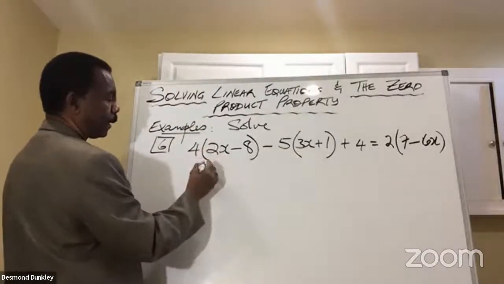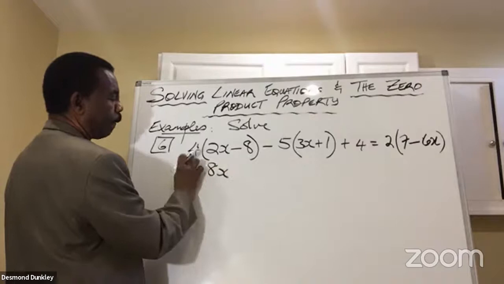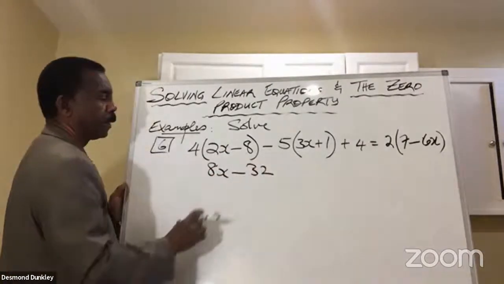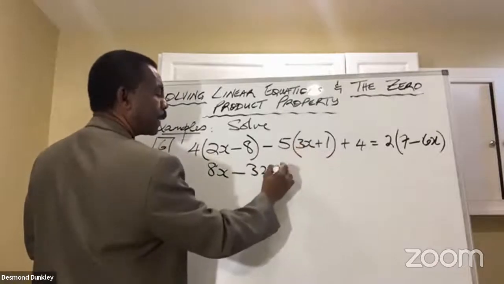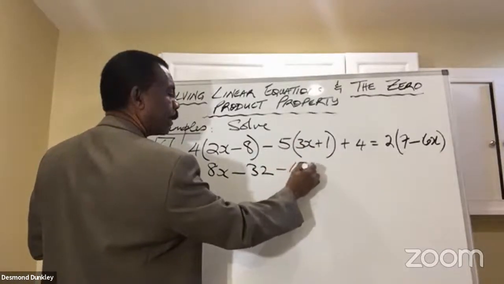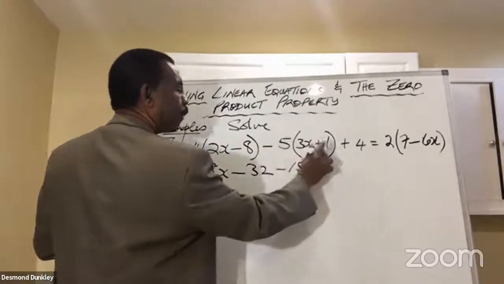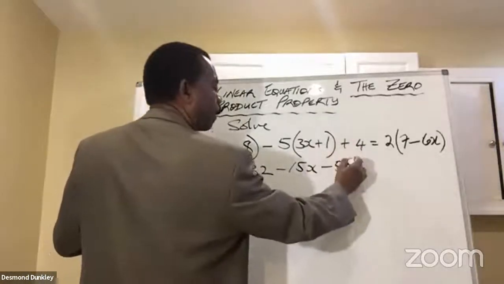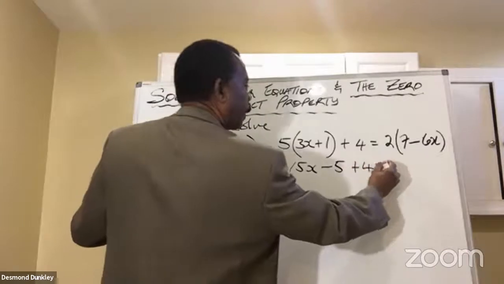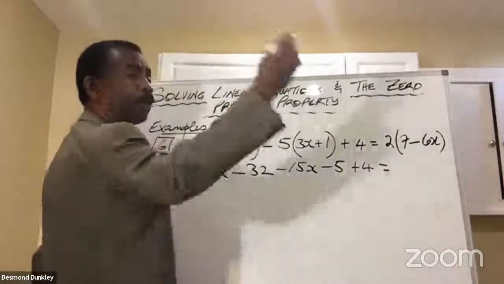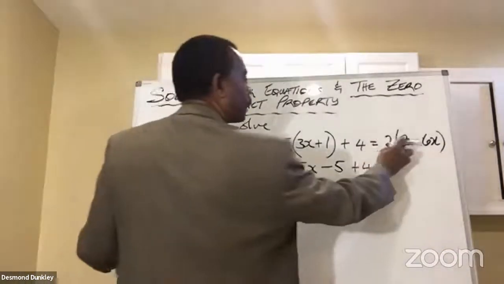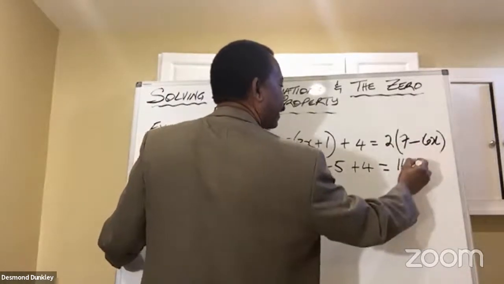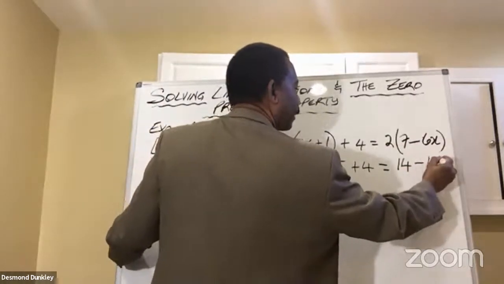4 times 2x, 8x. 4 times negative 8, negative 32. Negative 5 times 3x, negative 15x. Negative 5 times 1, negative 5. Plus 4 equal, on the right side, 2 times 7, 14. 2 times negative 6x, negative 12x.